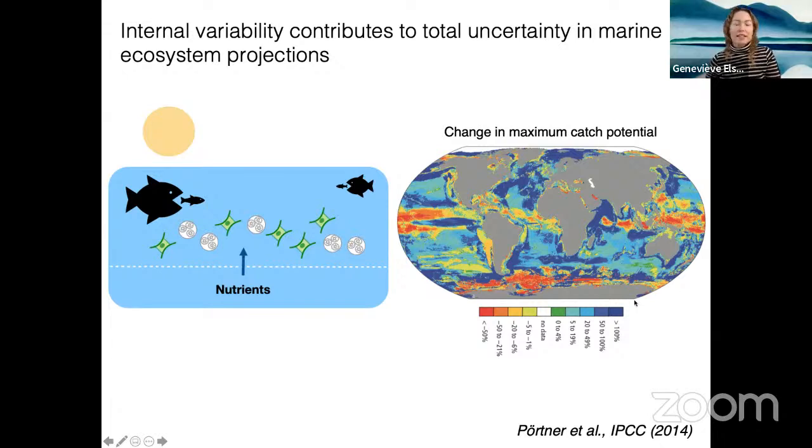So in this context, phytoplankton biomass specifically is a really important variable in predicting changes in catch potential in offline fisheries models. And from this perspective, trying to constrain these changes in phytoplankton variability will help us to reduce uncertainty in these marine ecosystem projections.